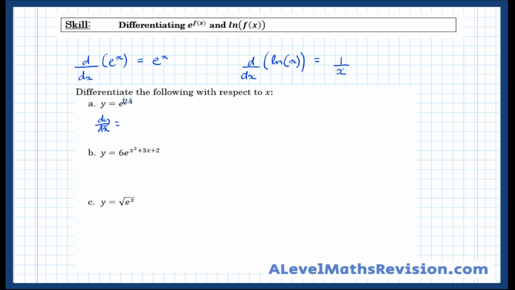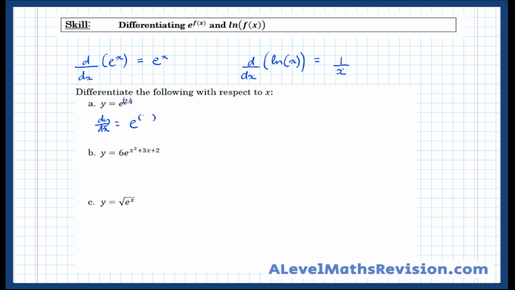So dy by dx, well, we've got e to the power of something, and we're going to differentiate that. So remember, gone are the days when it was just times by the power, take 1 from the power, completely different set of rules when we're talking about non-polynomials. So e to the power of something differentiates to get e to the power of something back. It stays the same. So it's e to the power of whatever was in the bracket.